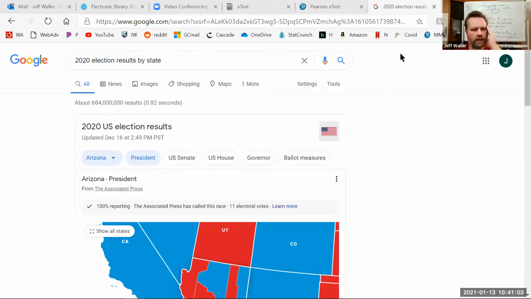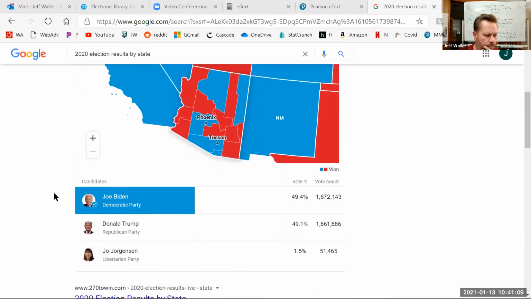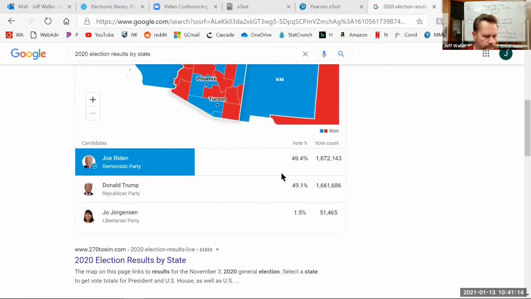So one reason why our election is not truly a majority is because, for example, if we just look at Arizona, Biden got all the electoral votes, but did he get a majority of the popular vote in Arizona? No, he didn't.